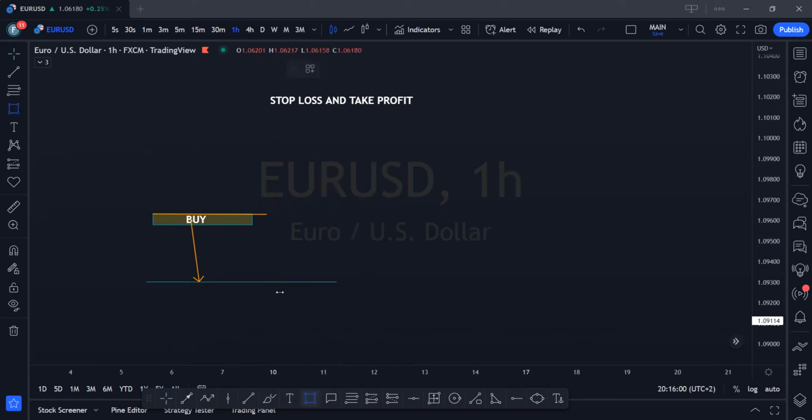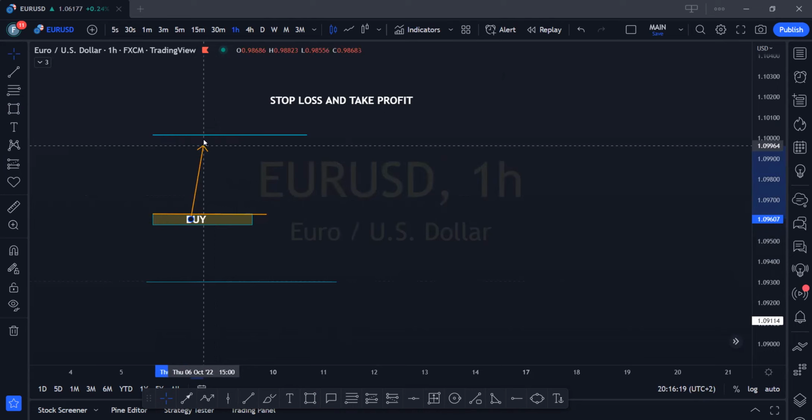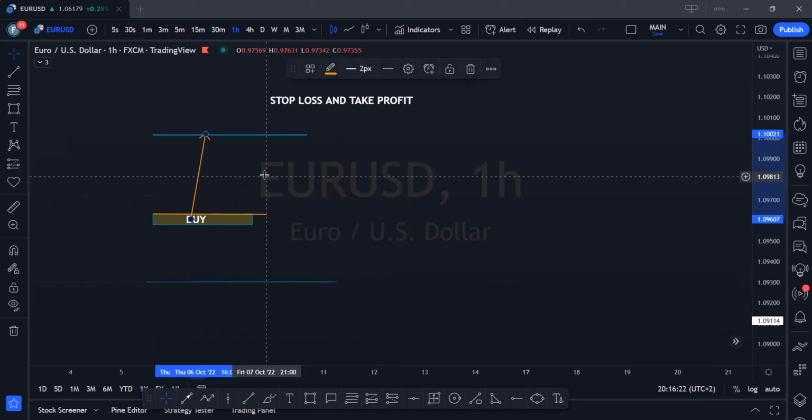On the flip side, a take profit is your reward. This is where you want to take exit in profit. So when price starts going your direction, at what point do you want to exit the trade in a profit? That is a take profit. All right.